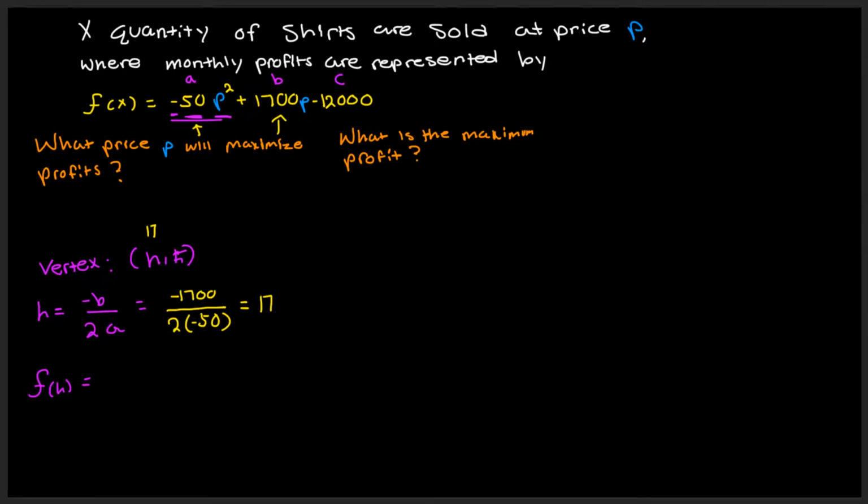So we have negative 50 times, we're going to plug in our H value for each P variable present in the function. 17 squared plus 1700, I'll go ahead and fill that in just a second, minus 12,000.